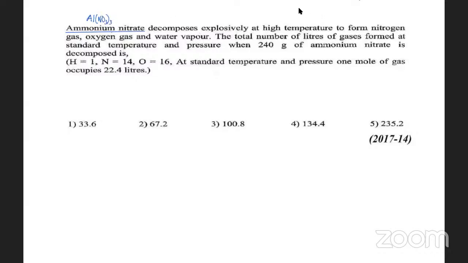At high temperature to form nitrogen gas. What is nitrogen gas? Nitrogen gas, in maroon color I have underlined, is N2. Remember, not N. It should be N2 gas. Oxygen, of course you know, oxygen is not O, it is O2. Remember, O2.